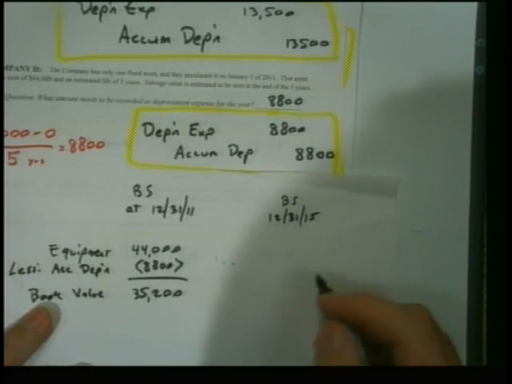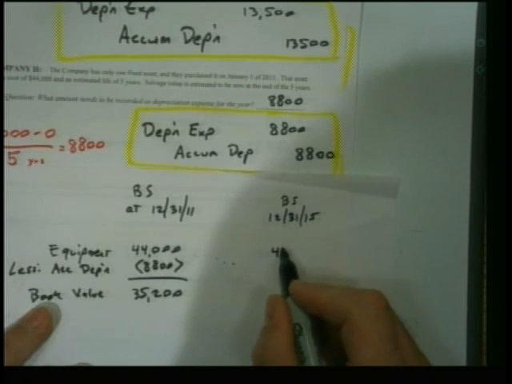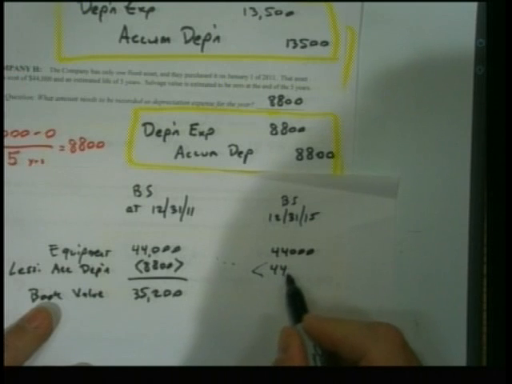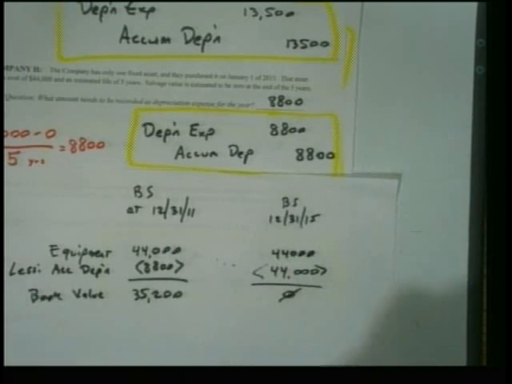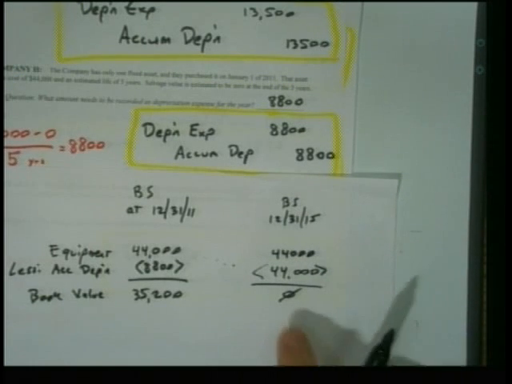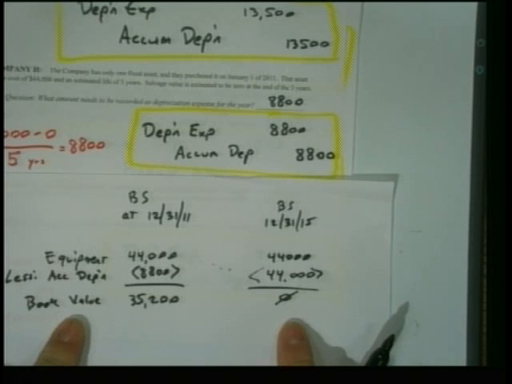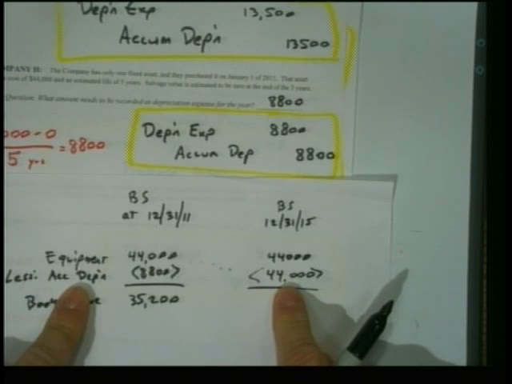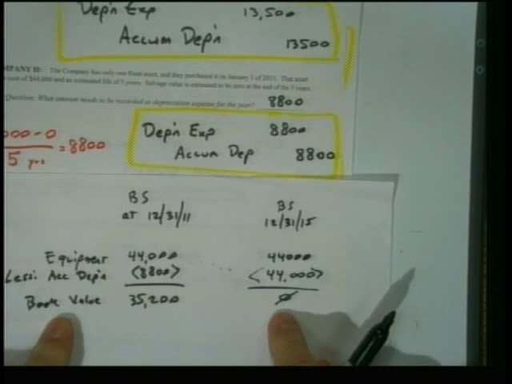Well, it's going to be equipment of 44,000, less accumulated depreciation of 44,000. And that's going to be 0, isn't it? That is the way it will look on the balance sheet for the company. It'll say equipment of 44,000 less accumulated depreciation of 44,000 equals the book value of 0.